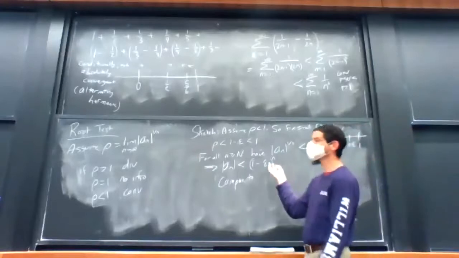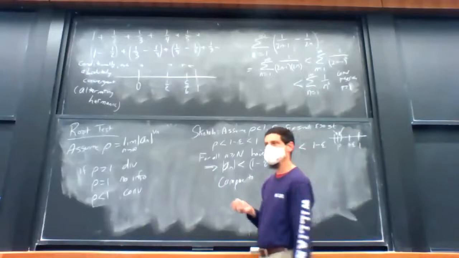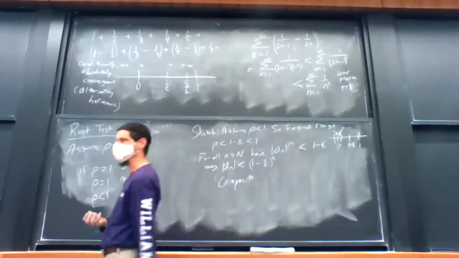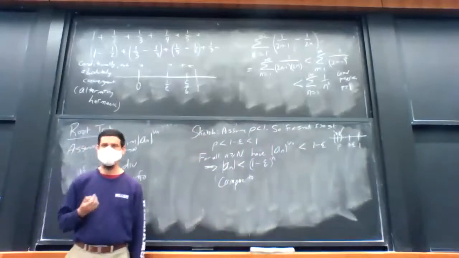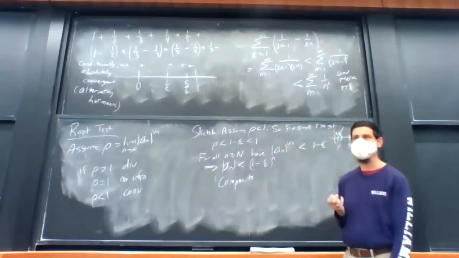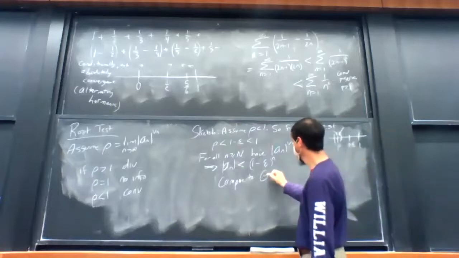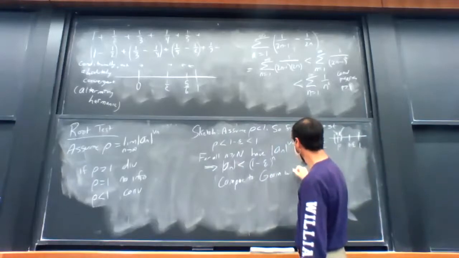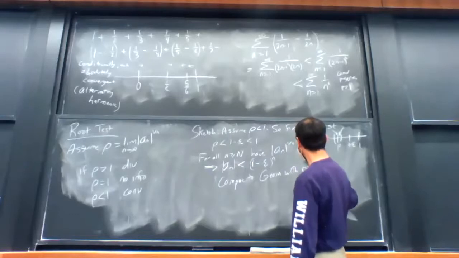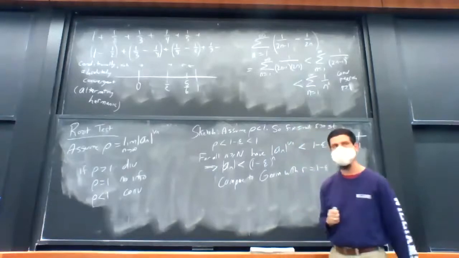Do you know any series whose terms look like 1 minus epsilon to a power? So the nth power. 1 minus epsilon, 1 minus epsilon squared, 1 minus epsilon cubed, 1 minus epsilon to the 4th. What kind of series is that? This is one of our go-to series. This is geometric. Compared to geometric with r equals 1 minus epsilon. Converges.